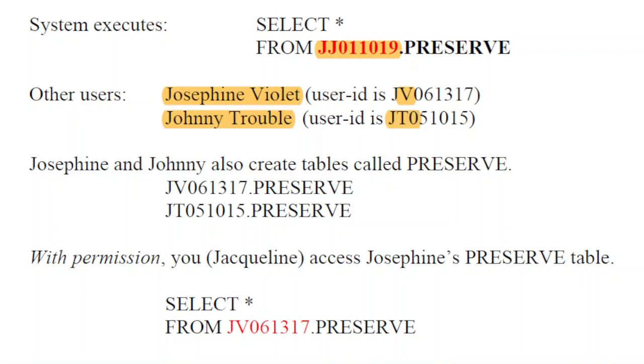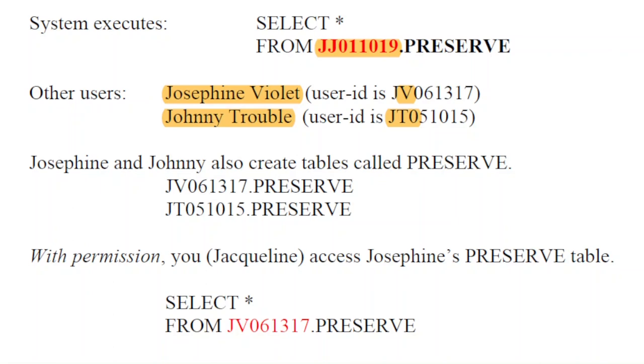Let's assume Josephine and Johnny also create tables called preserve, which could be very different tables with different columns. Well, now we have two more preserve tables in the database, but they have different qualified table names.